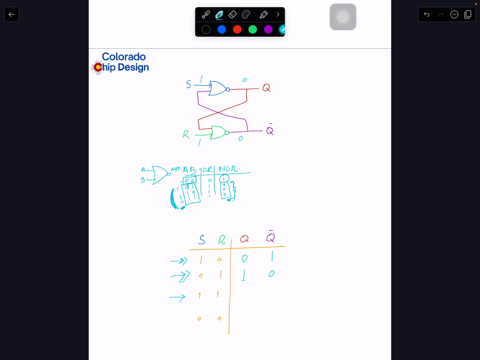When this one is 0, it comes here, but this 1 will still drive it to 0. So we have both outputs at 0, even though this is 0, this goes back. We get 1, 0, and the output turns out to be 0.